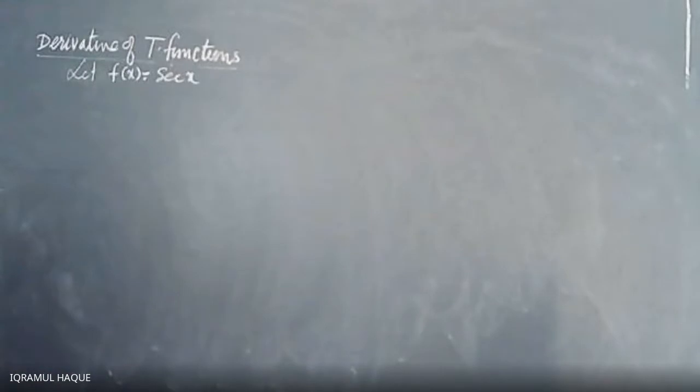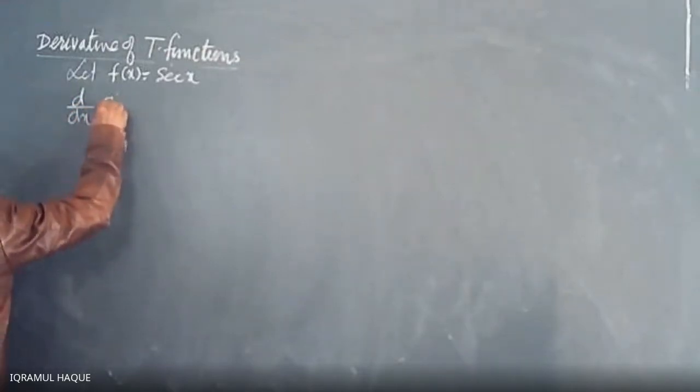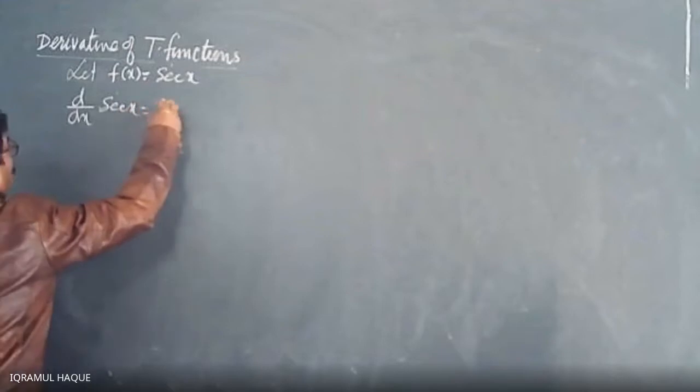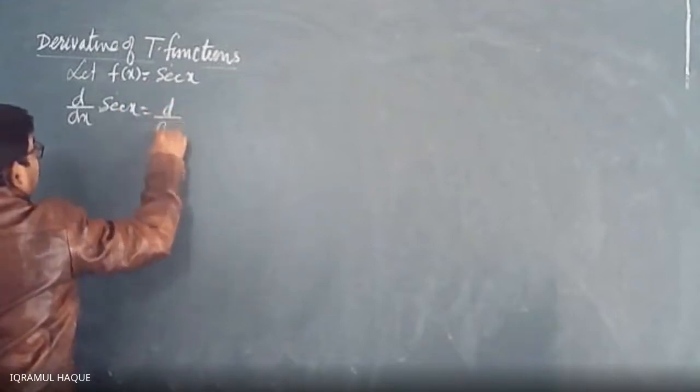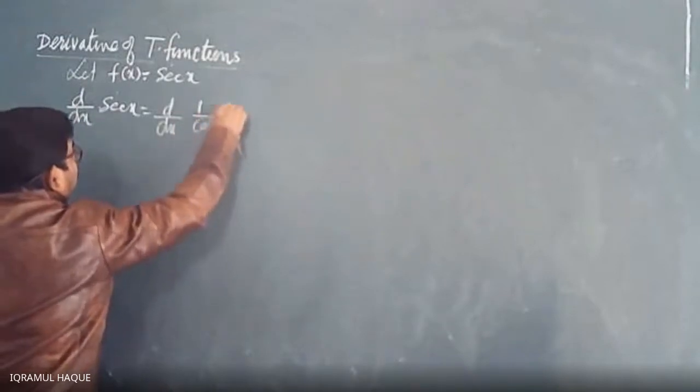So sec x can be broken into 1 upon cos x. So we can write d of dx of sec x is equal to d of dx of 1 upon cos x.